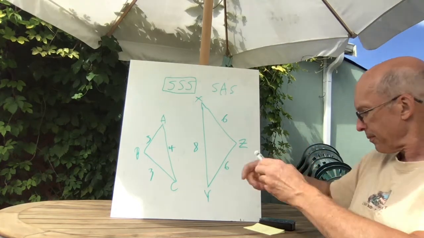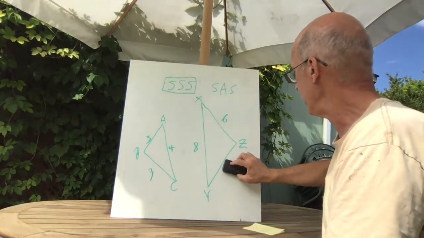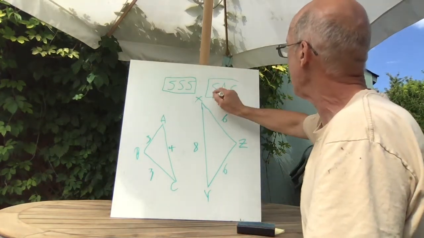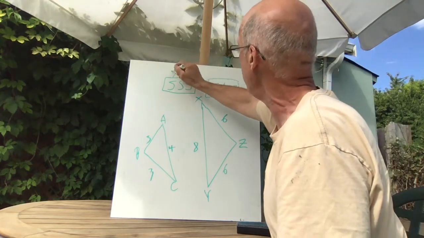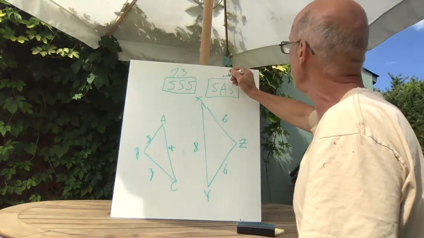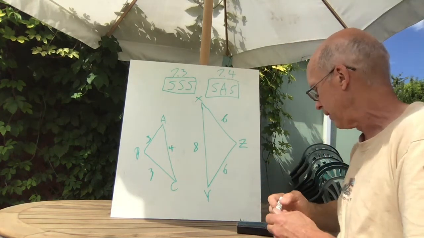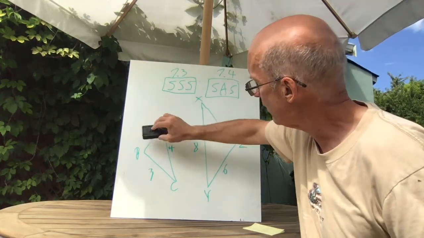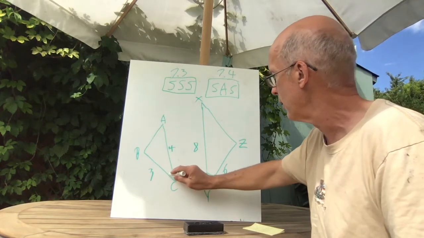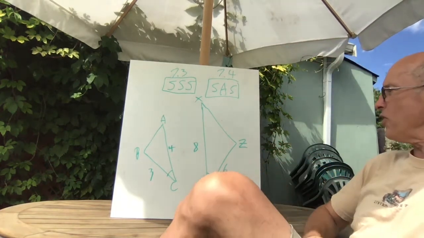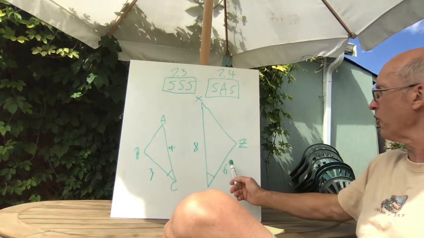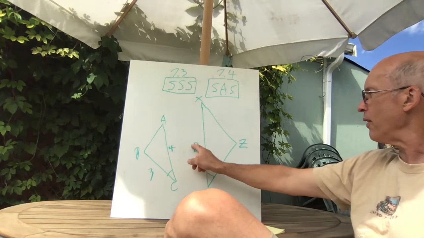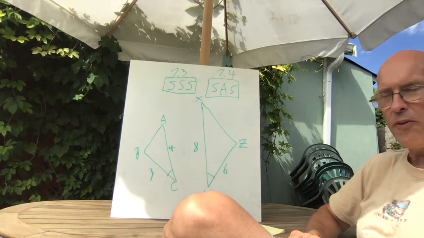The next one, well, maybe I don't want to erase everything. It's side-angle-side. So this was 7.3, and this is 7.4. 7.4 just says that if you have two sides that you know are proportional to two other sides, so 4 to 8, 3 to 6, those are proportional.